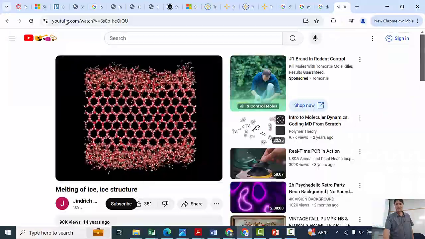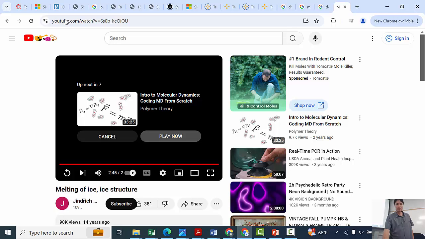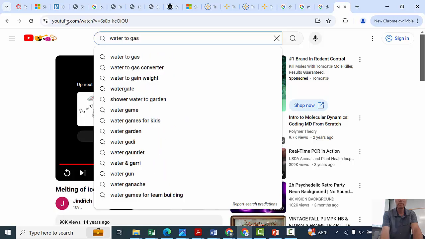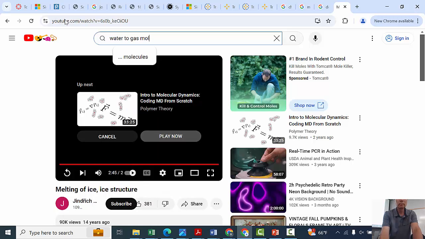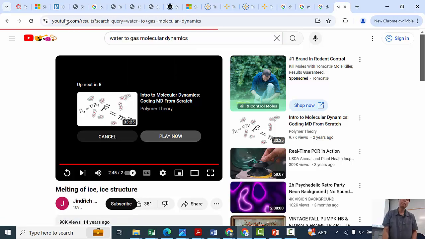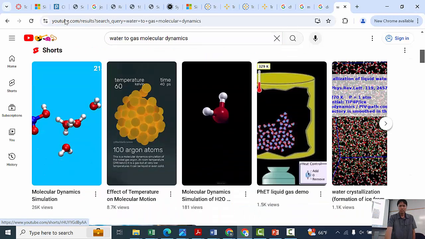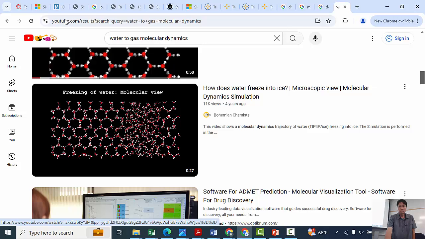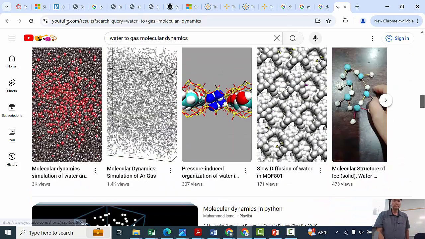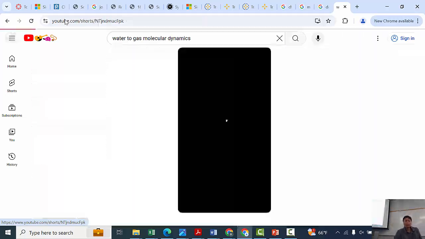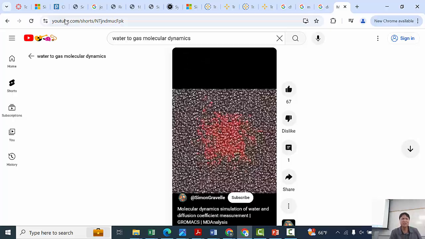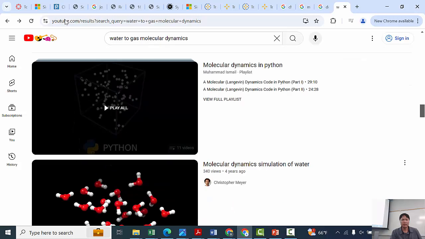And then we can also vaporize these. Okay, this is measuring diffusion. So it's something like this.